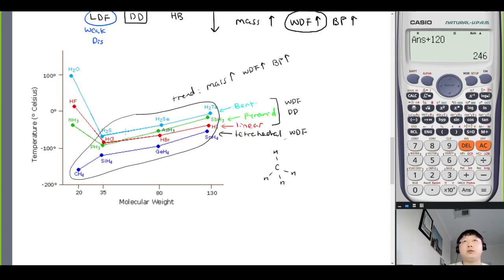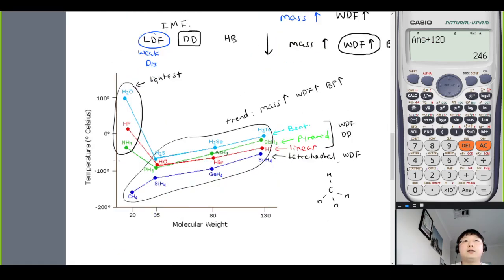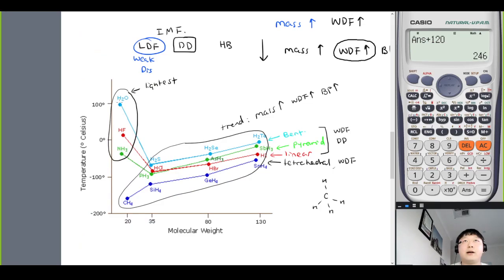But what defies this trend is this group over here. These are the lightest, aren't they? They're with the oxygen, fluorine, nitrogen, right here on the top. They're the lightest from their group, yet they have got the highest boiling point.